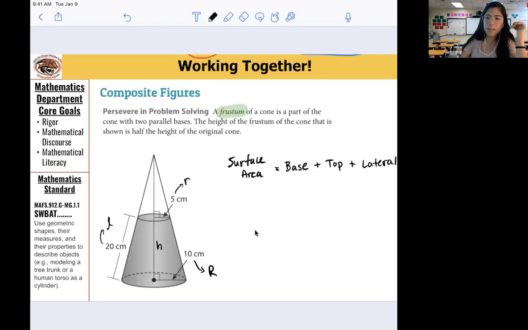Okay, so then the surface area of the base, we can do that on our own. That's just the area of the circle. So what would be the area of the base using the letters we're using? What would be the area?